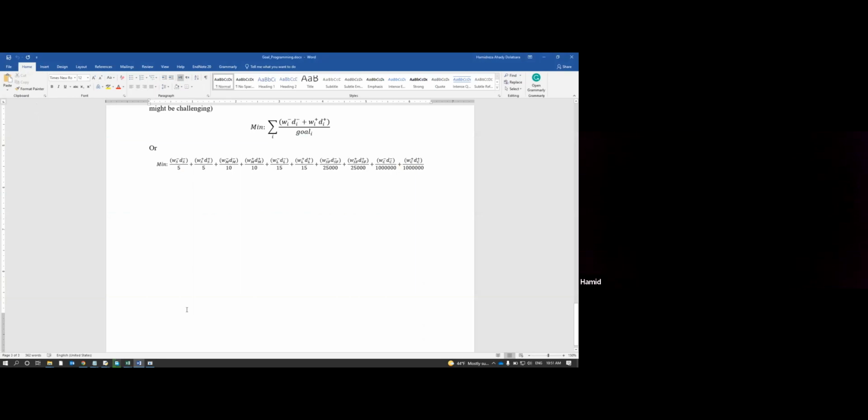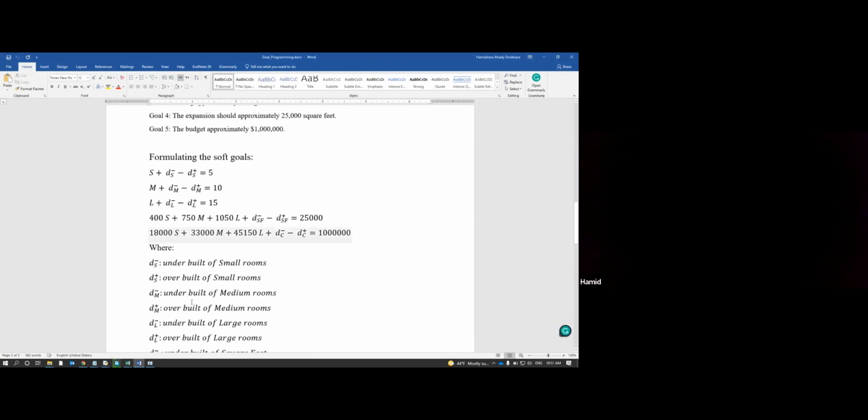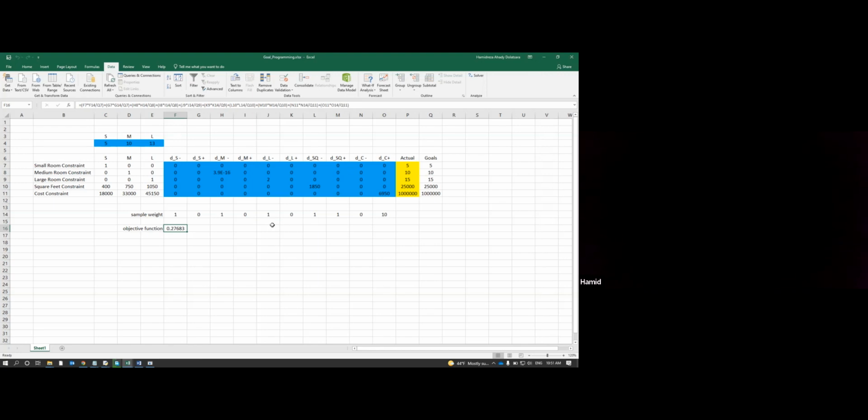So if I go back to the problem here, we couldn't achieve 15 rooms. So 5, 10 is achievable, but for having minimum deviation from cost and area, we should end up having 13 large rooms. And again, it also comes from the weights that I picked here, which are contributing to it. If you change the weights, maybe you end up having different answers.